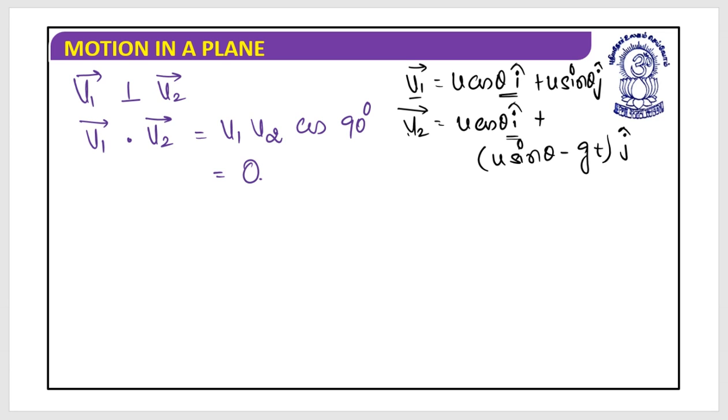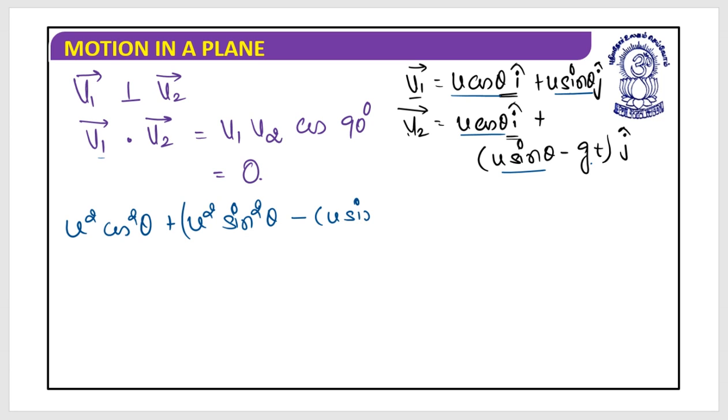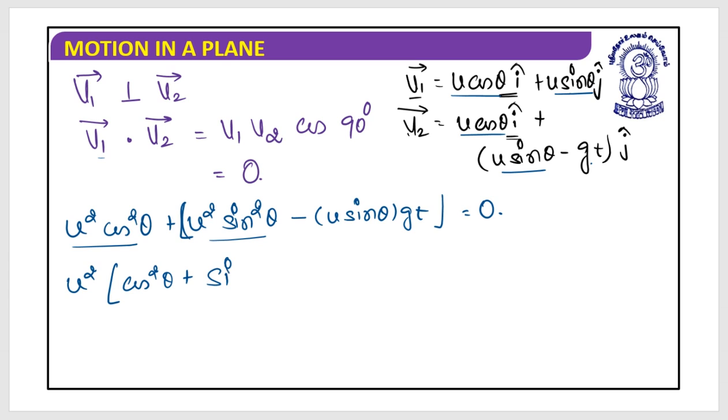So v1 dot v2 equals u cos theta multiplied by u cos theta, which is u square cos square theta, plus u sin theta times u sin theta, which is u square sin square theta, minus u sin theta multiplied by gt, and that equals 0. Picking u square cos square theta plus u square sin square theta, this is u square into bracket cos square theta plus sin square theta, which equals u sin theta multiplied by gt.